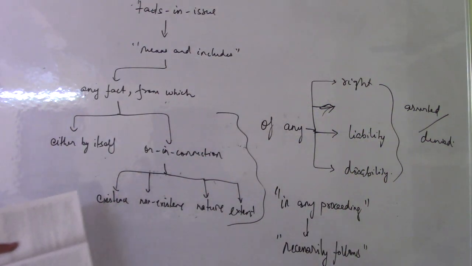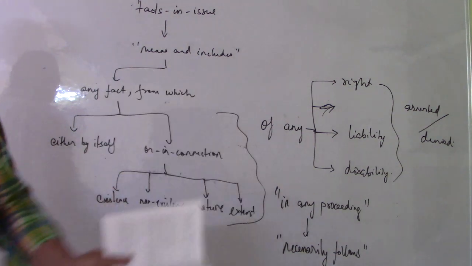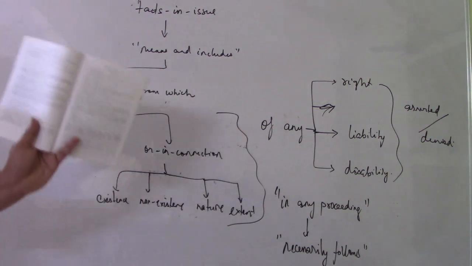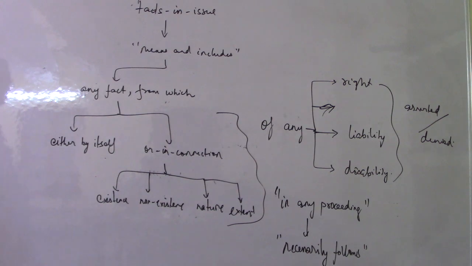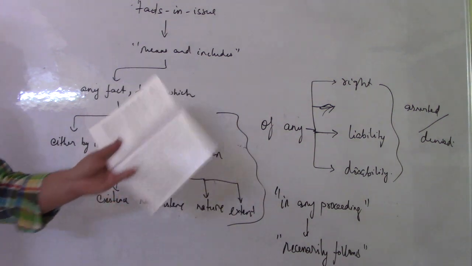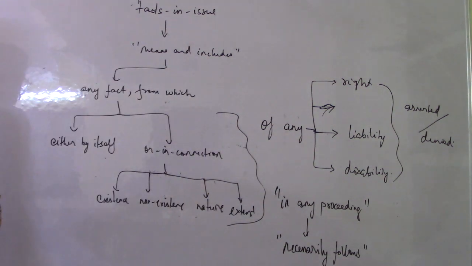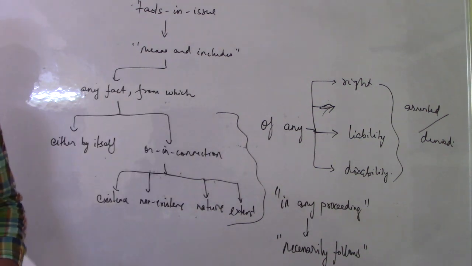It is this part of the definition that shows the difference between a relevant fact and a fact in issue. When we are talking about a relevant fact, the fact that blood was found on the crime scene is indicating the guilt.